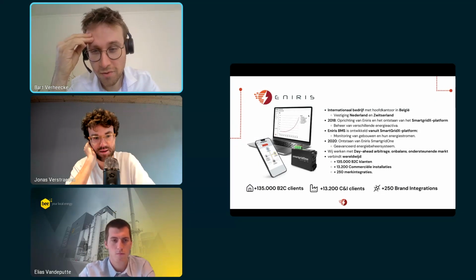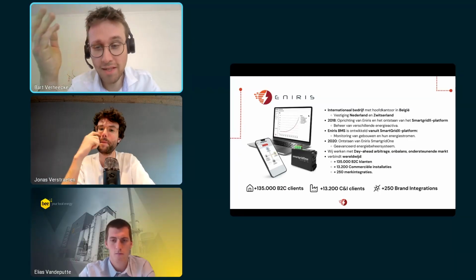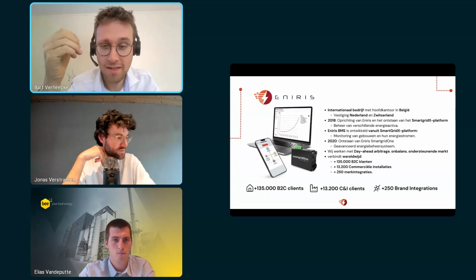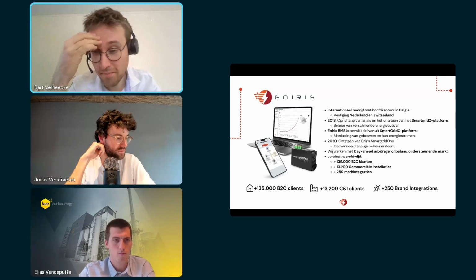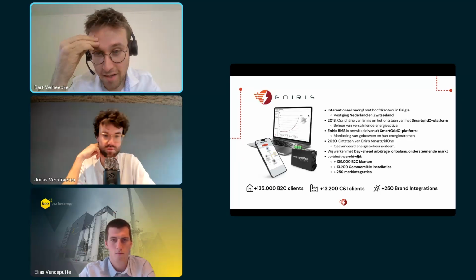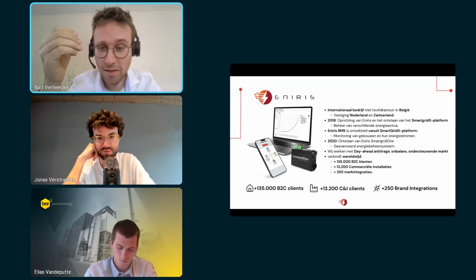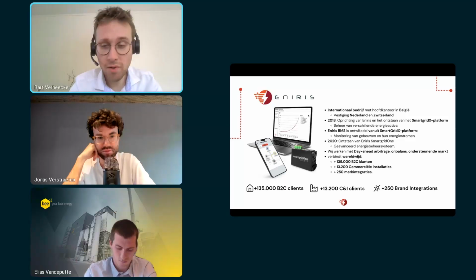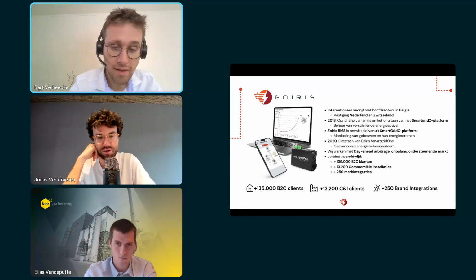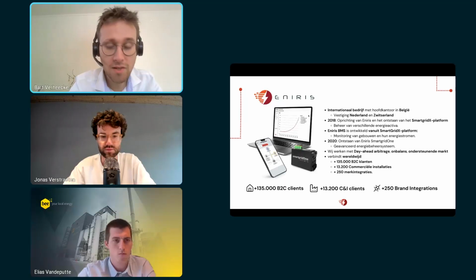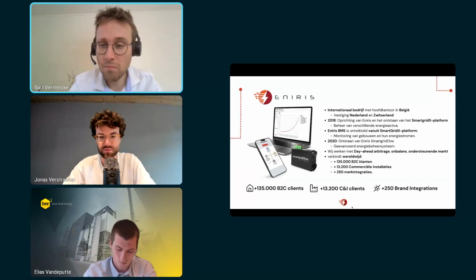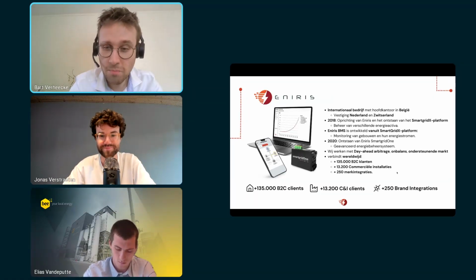The focus was first on monitoring of different assets: PV, battery, charging stations. And then in 2020, we decided to not do only monitoring anymore, but also expand our activities towards energy management. So not only reading out values, but also pushing values towards assets.